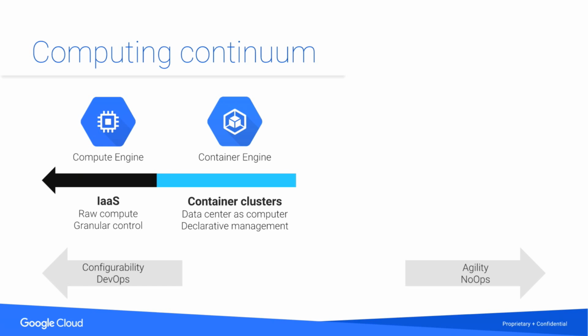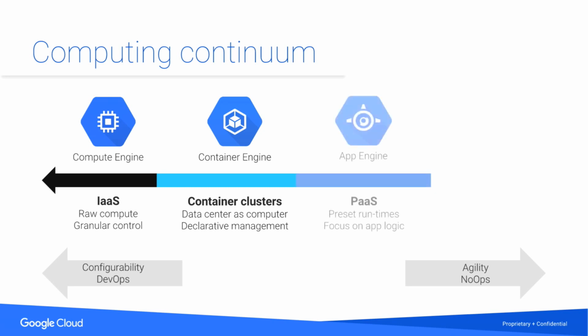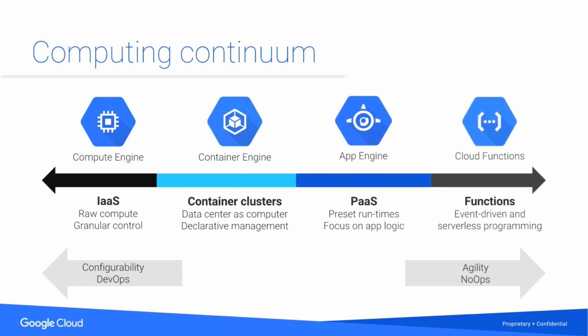So we have things like Container Engine, which you can slowly move to in your own time, but those services are there for you. And as we move to the right, you can then move to things like App Engine, and then begin to incorporate things like Cloud Functions in your applications. So you can move to low ops or no ops to add additional agility to your organization.